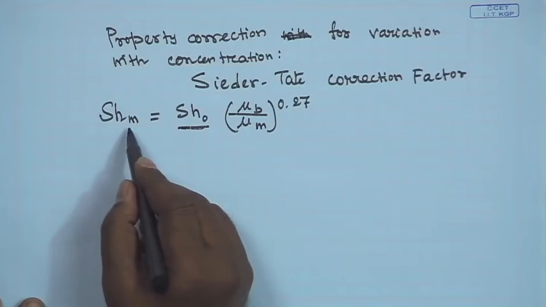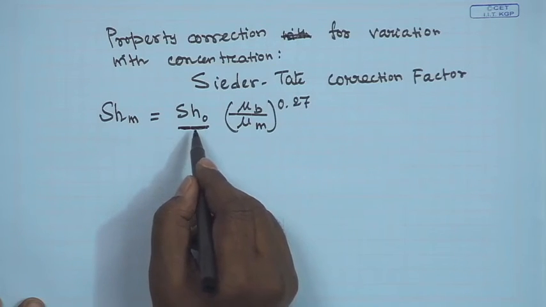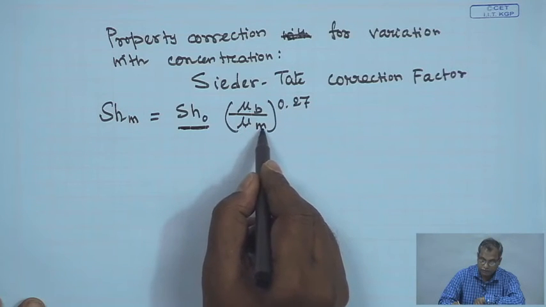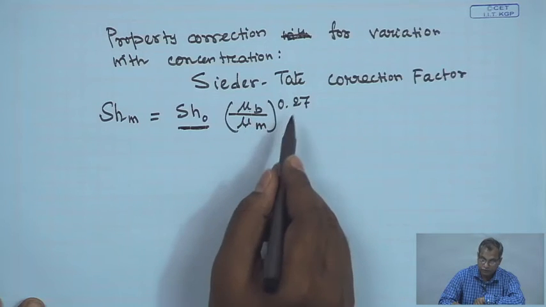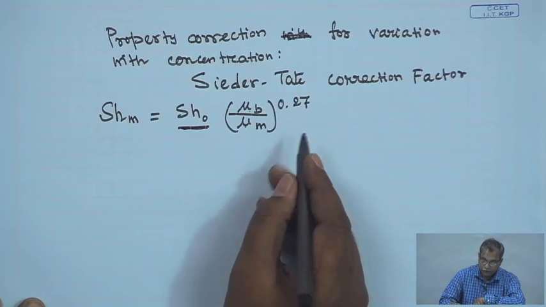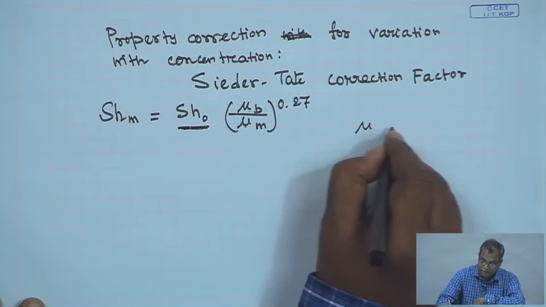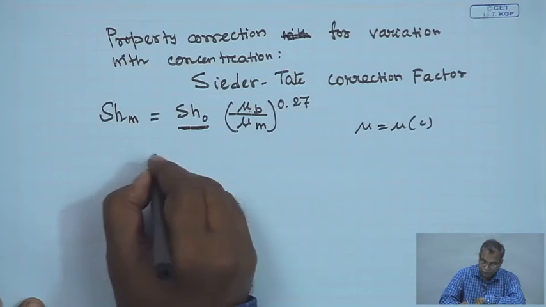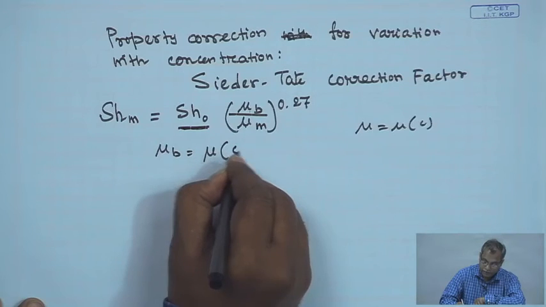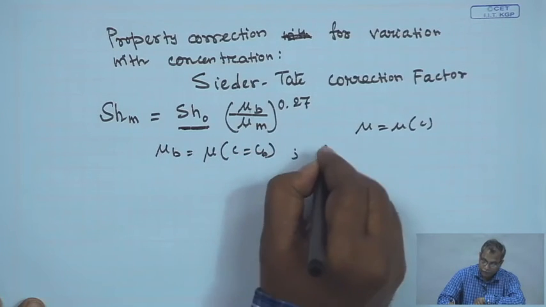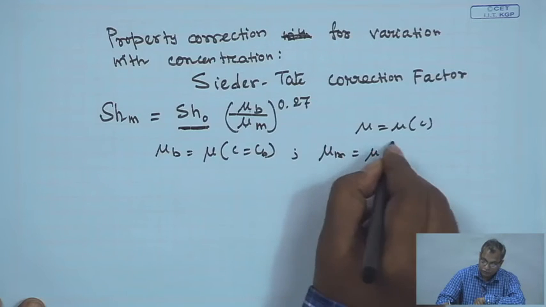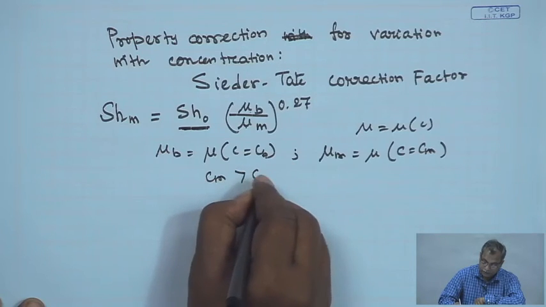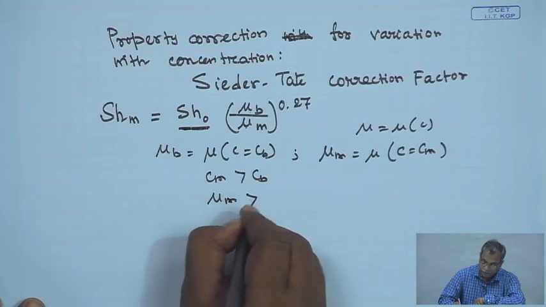So, what is the modified version of the Sherwood number? The original Sherwood number is multiplied by the viscosity at the bulk concentration divided by the viscosity at the membrane surface solute concentration, raised to the power 0.27. Since viscosity is an increasing function of concentration, and mu b is mu evaluated at C equal to C b and mu m is mu evaluated at C equal to C m, and we know that C m is much greater than C b, mu m has to be greater than mu bulk.